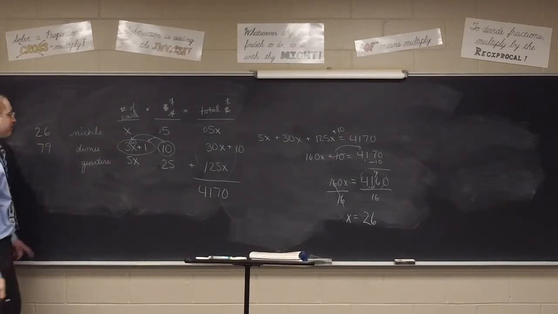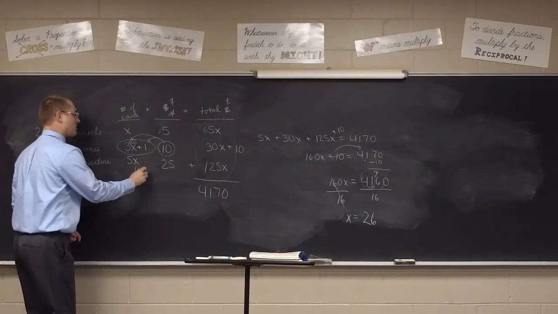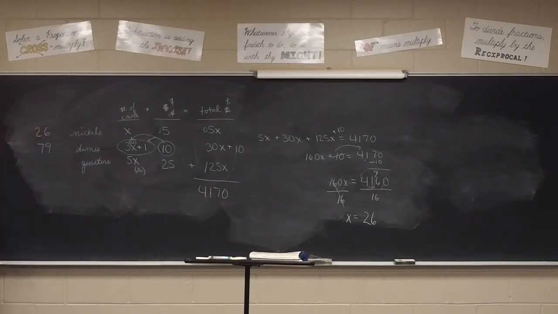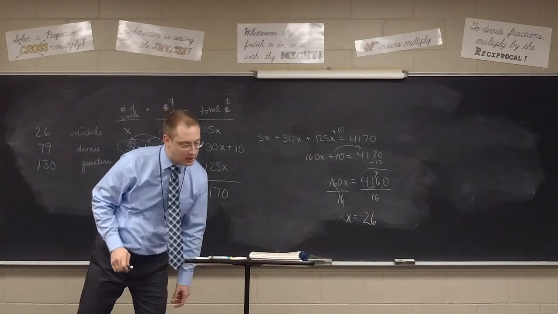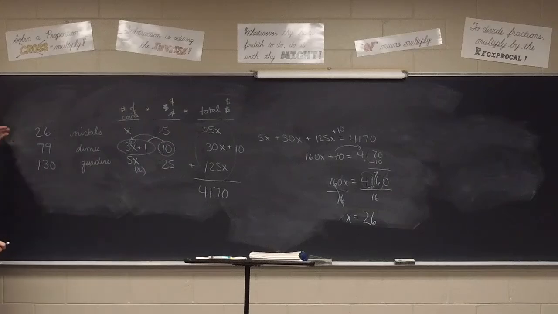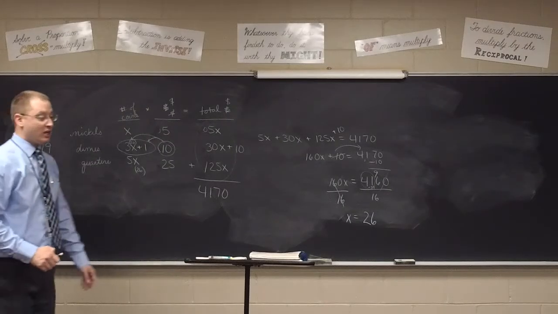And 5 times as many quarters gives me how many quarters? 130 quarters. And for sake of time, we won't check it. It does check out. But normally we'd say, okay, multiply this by 5 cents, this by 10 cents, this by 25 cents, and see if it actually adds up to $41.70. We'll just say we're good to go. Did it say how many of each coin? Yes. And there are our answers, 26, 79, 130.